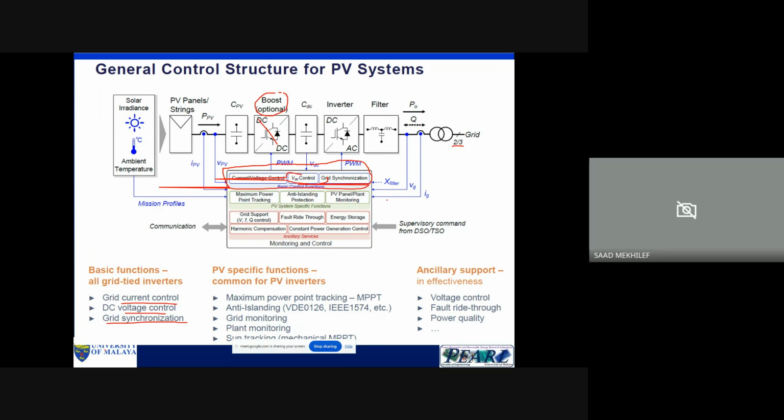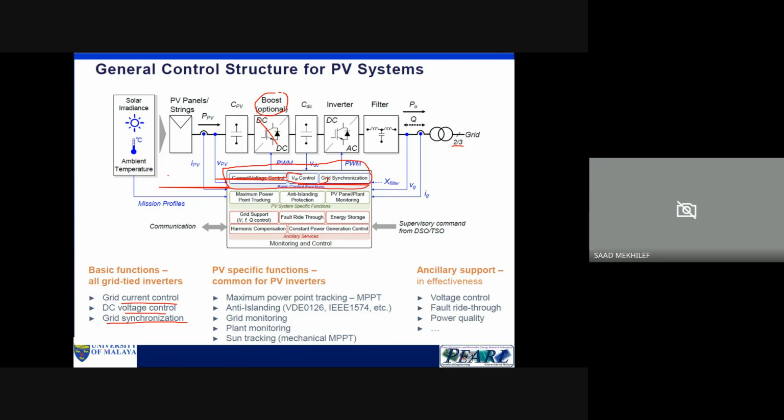And then we have PV plant monitoring. Okay, because this is very important. Sometimes in the PV plant we monitor the irradiance, and whether some panels are faulty or whatever. So this is the second layer of control.